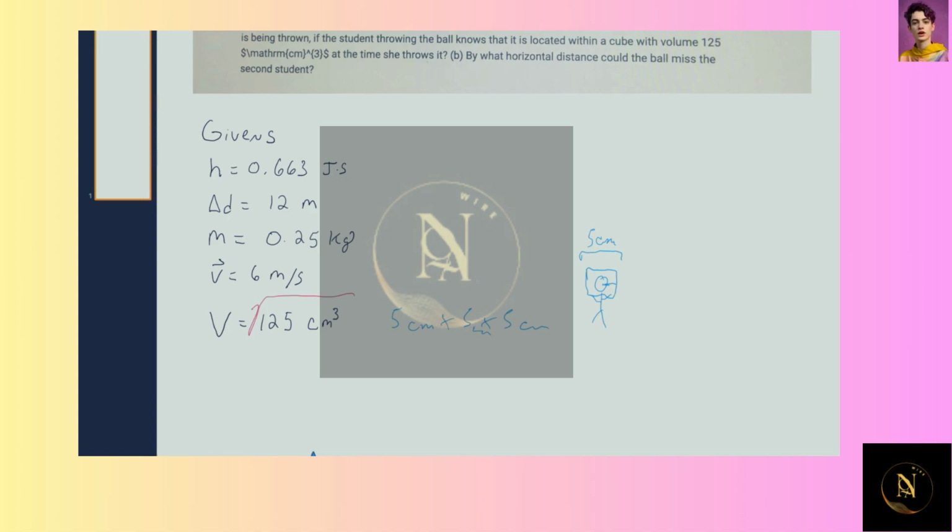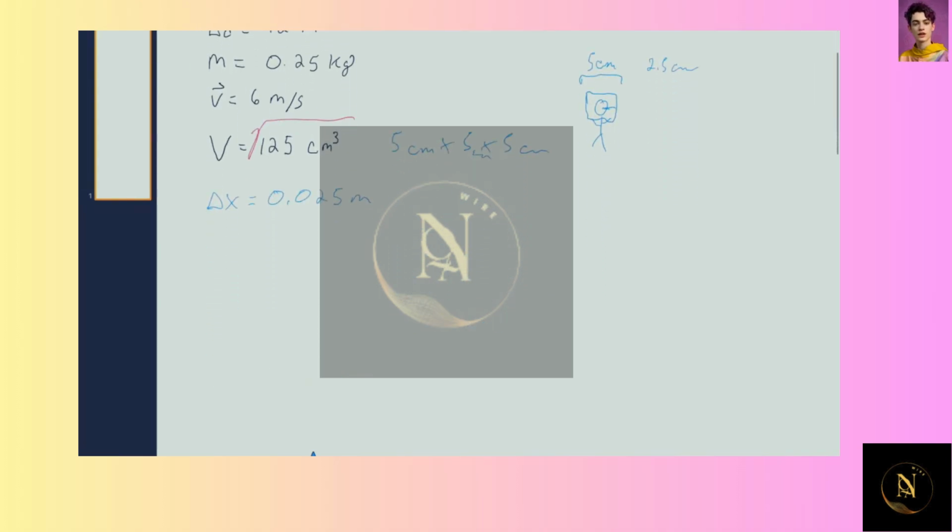Put that in metric, that would be a delta x of 0.025 meters for the uncertainty of the original starting position of the ball.